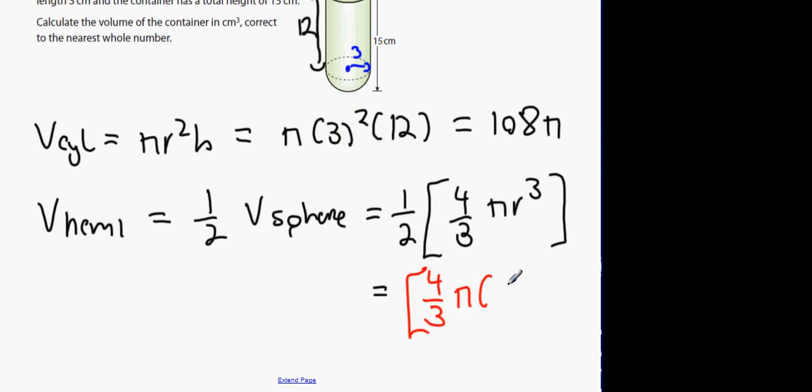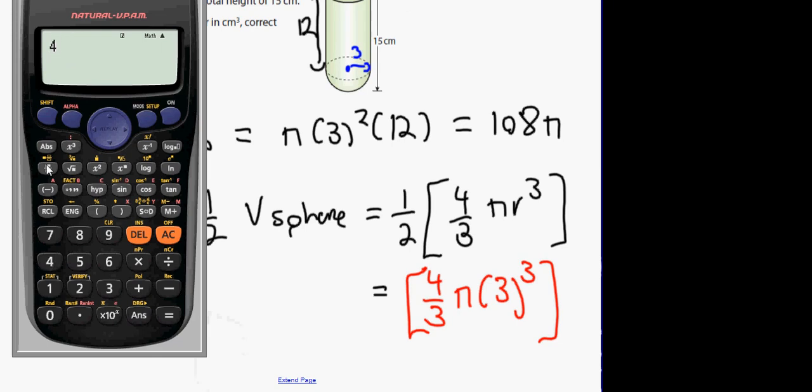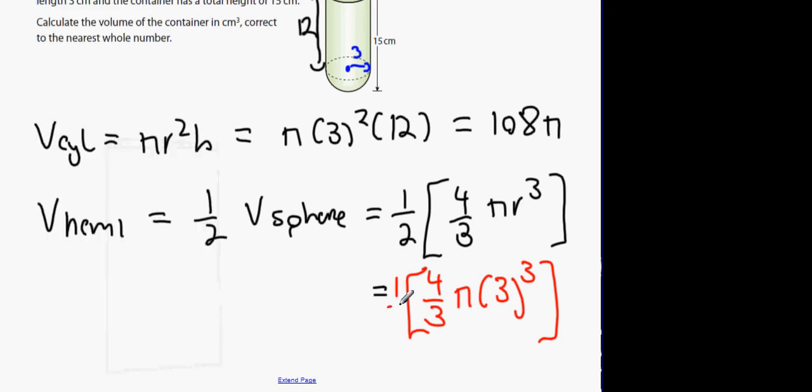And what's r cubed? Anybody? 3 cubed. In your calculator, please. Okay. It turns out to be 36 pi, but we've got to halve that. So it's going to be 18 pi.